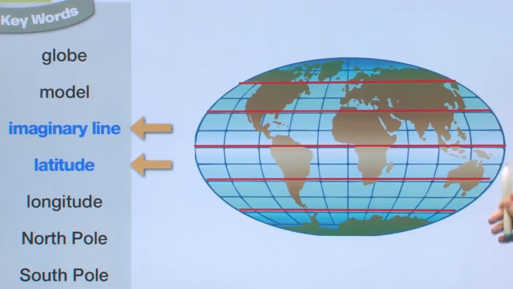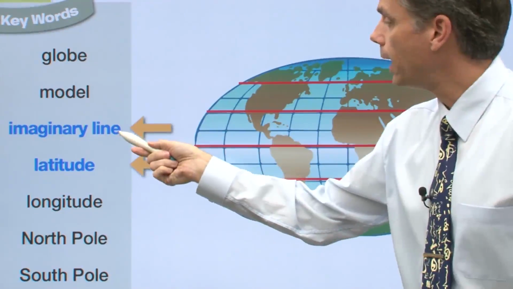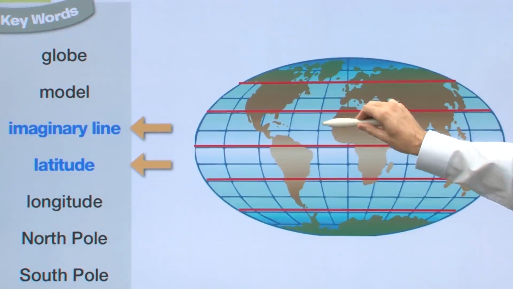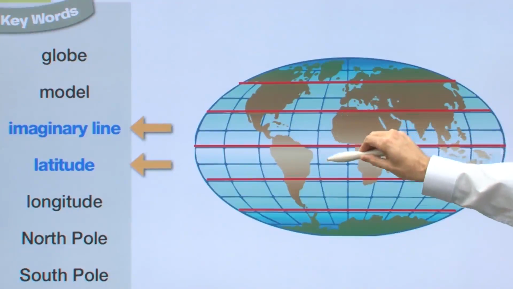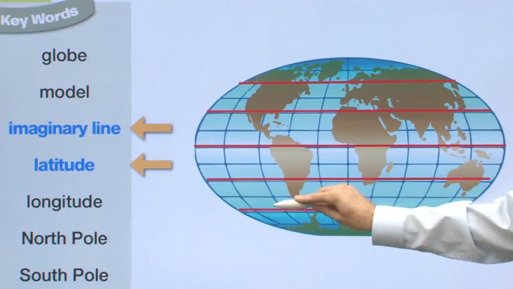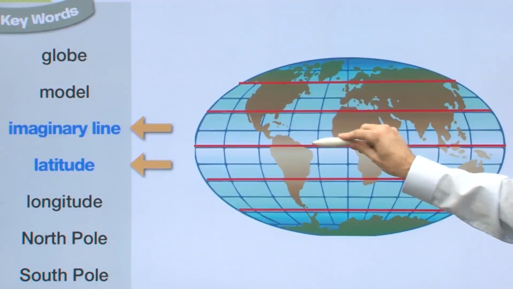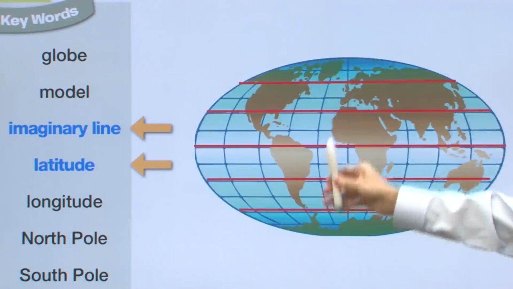Horizontally. From over on one side to the other side. We call them lines of latitude. Now latitude means how close you are to the north part and how close you are to the south part. So these are lines of latitude. So remember, latitude lines, they go horizontally, not vertically.